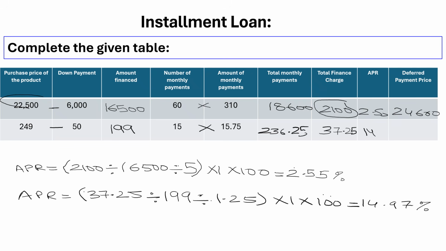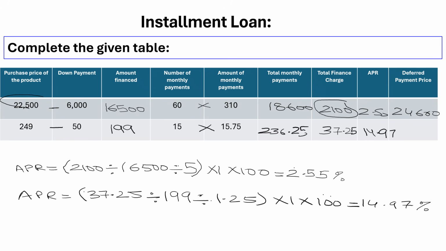Right, so we'll write it down, 14.97. And then deferred payment price is how much? How do we calculate?